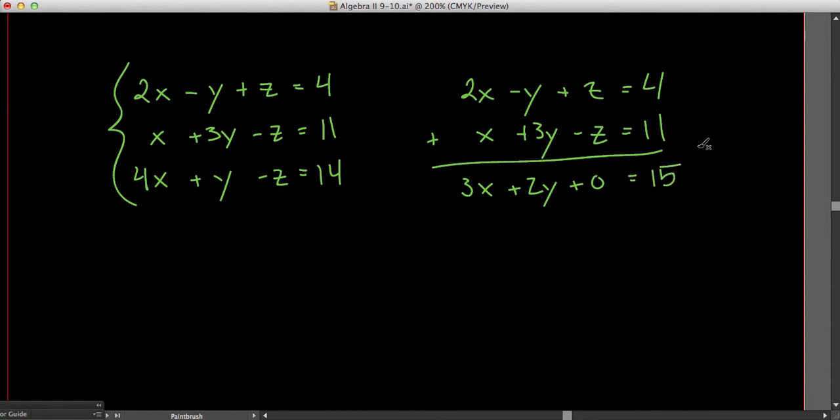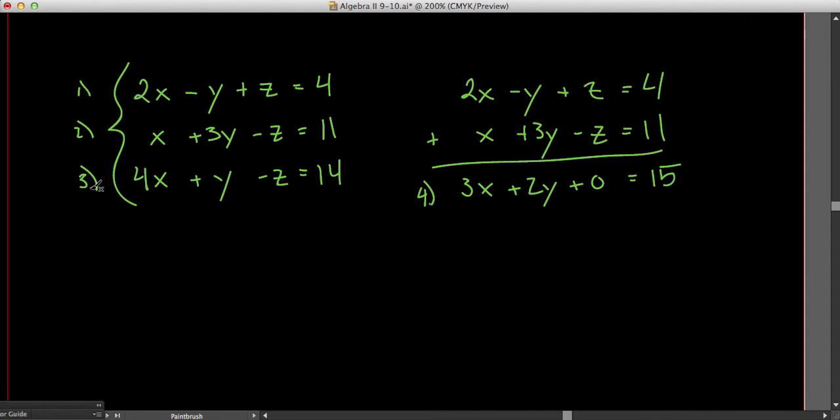So we've eliminated the z variable, and this is helpful because now we can get an equation that has x in terms of y or y in terms of x that we can substitute back in. So let's now write our new equations. We can now label this as our fourth equation, if you want to think about it this way, with the first, second, and third equations.